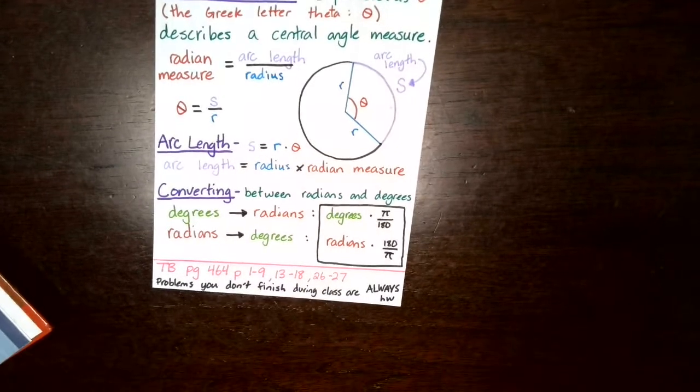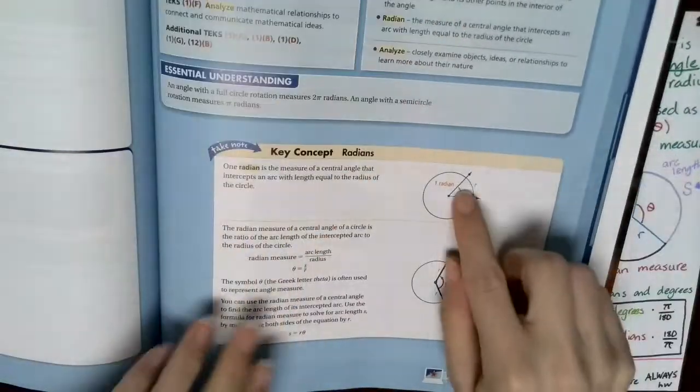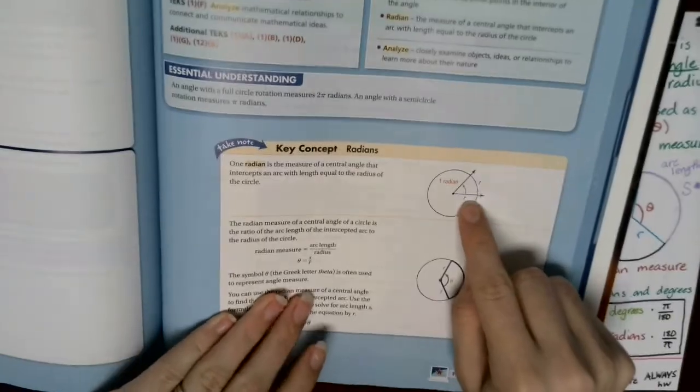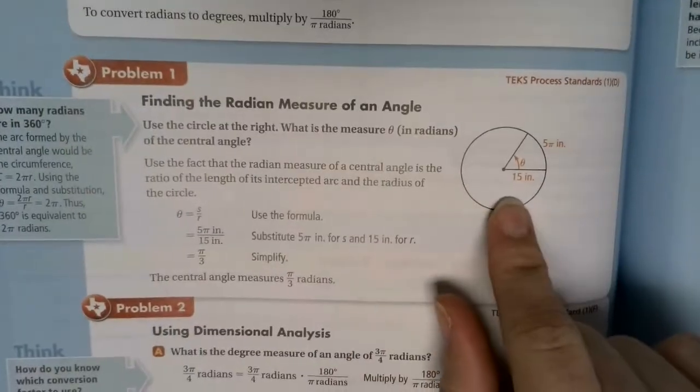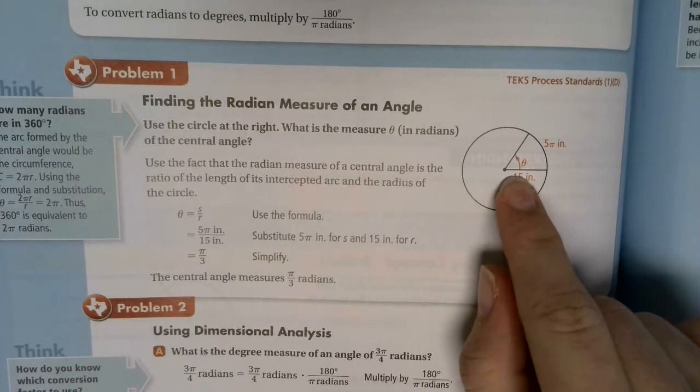Let's look at some textbook example problems. As you can see, 1 radian is when the radius equals the arc length. But I want to talk about example problems. Right here, I'm trying to find the radian measure.